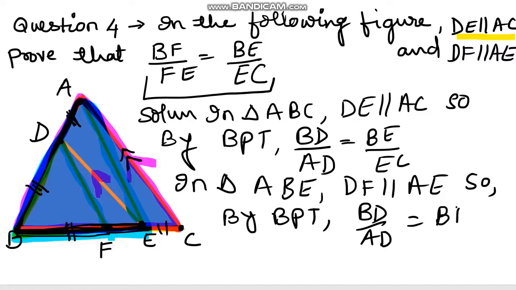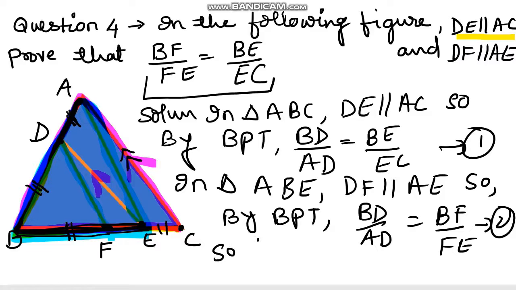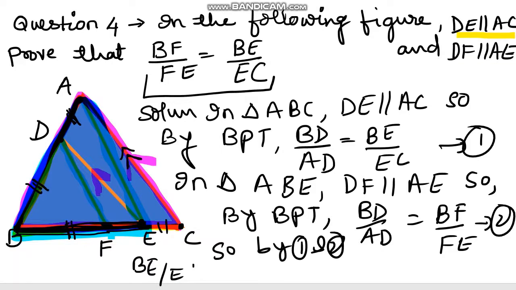Let us say this one is 1 and this one is 2. Now if you properly observe, BD by AD equal to BE by EC and BD by AD equal to BF by FE. So from 1 and 2, you have BE by EC equal to BF by FE. Hence proved.